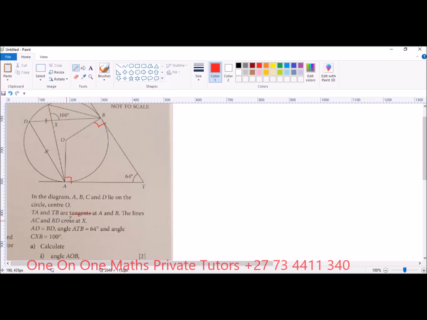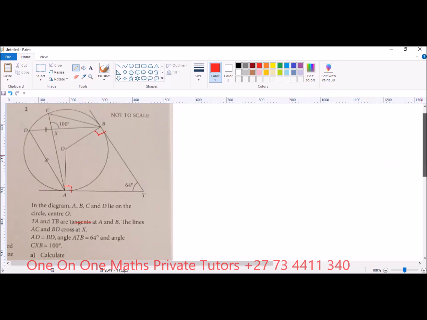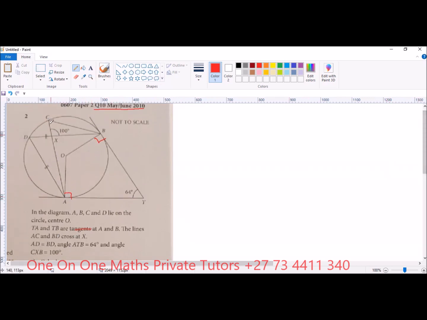AC and BD cross at X. Angle ATB is 64 degrees. And we can see this side is equal to that side.